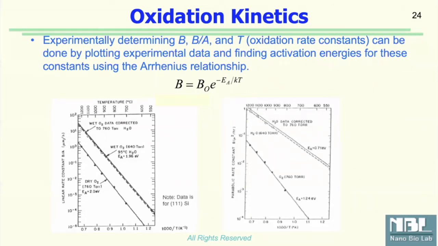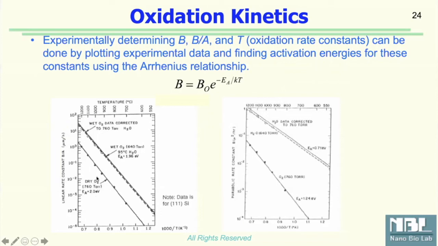This takes the shape of these two plots shown here. I will not go into details, but the take-home message is that we have the values of B over A, and we plug them into our relationship and find linear rate constants and parabolic rate constants. As given here, we can find out exactly for any temperature, for any orientation of silicon wafer, what the linear rate constant would be for those conditions.